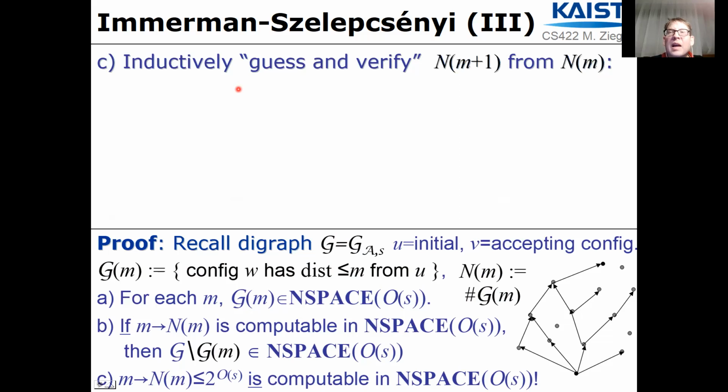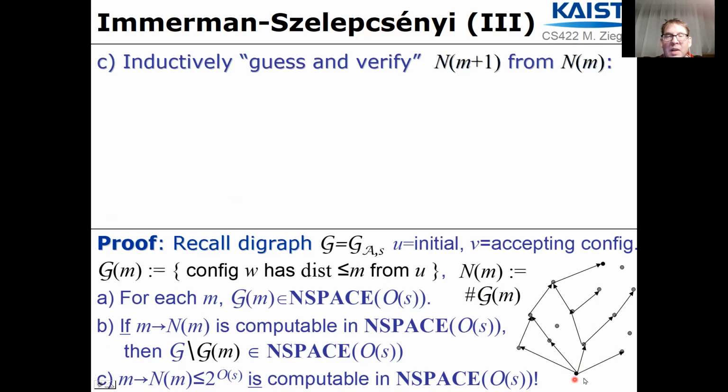So the underlying idea is to inductively guess and verify. Remember, that's the semantics of non-deterministic function computation. Guess and verify the next value from the previous one. If we can do that with an algorithm that only makes positive guesses, then we can gradually climb from n of 0. Right? What is n of 0? n of 0 is the number of configurations that can be reached within 0 steps.